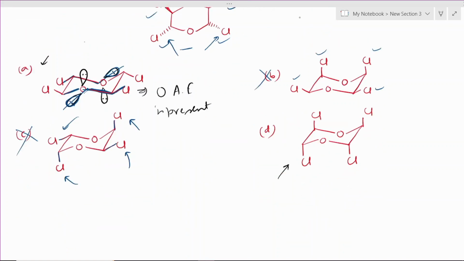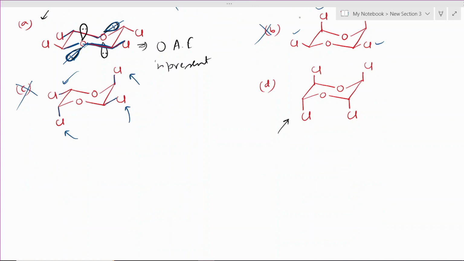But in option D, if we draw the lone pairs correctly, it is the equatorial lone pair and it is the axial lone pair. Similarly, it is the axial lone pair and it is the equatorial lone pair. Now we have to check the anti-periplanarity. If this lone pair is considered, then this alpha bond and this beta bond are in perfect anti-periplanar position. Similarly, this lone pair and this alpha bond and this beta bond are in perfect anti-periplanar position.